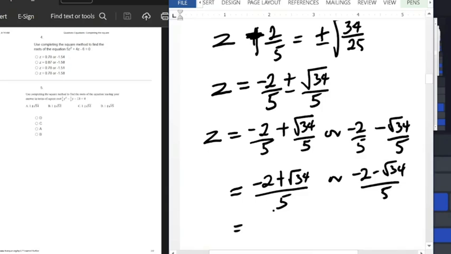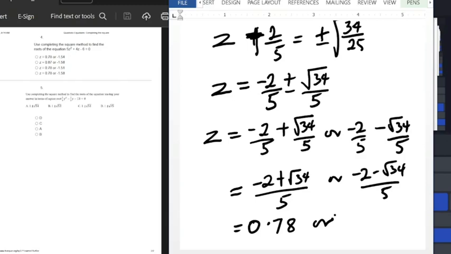So let's now look at our final answer. That's minus 2 plus square root of 34 divided by 5. That gives us 0.78, right? Or minus 2 minus square root of 34 divided by 5.